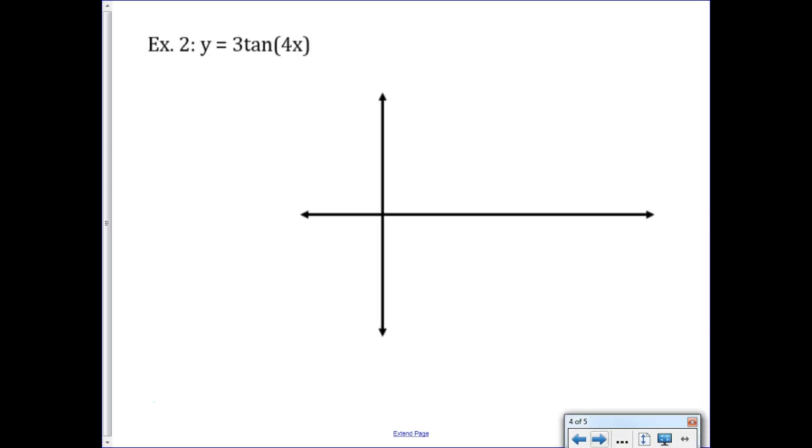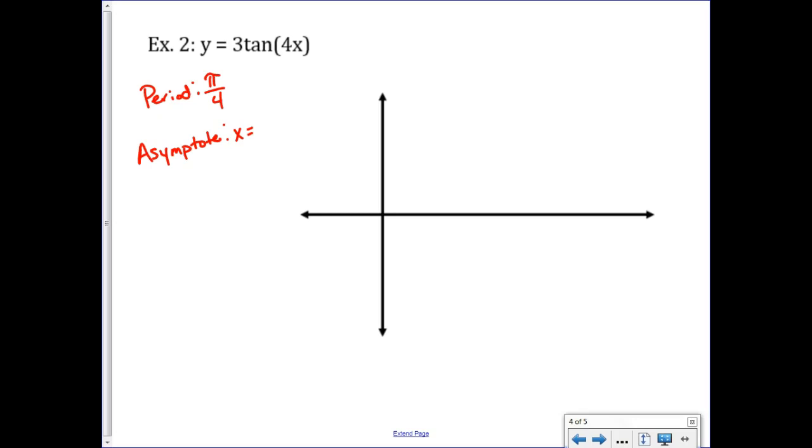So here we have 3 tangent of 4x. So our period is pi over b, which is pi over 4. And then our asymptote is x equals, we said it's going to be odd multiples of pi over 2 times b.